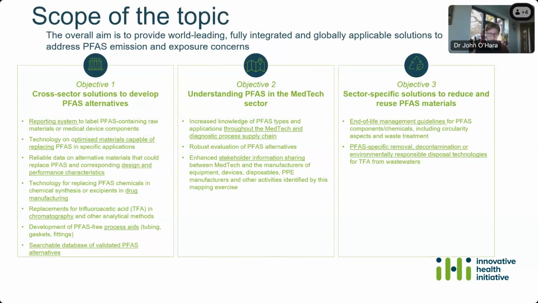So the scope of the topic, the real core here, is in three different pillars. Within each pillar, we will have sub-working groups made up of various contributors, different companies, requiring a broad range of skill sets. But they divide really into these three pillars. So the first pillar is to develop PFAS alternatives, really focusing on, we want to replace. And in order to do that, we need to detect, we need to understand the presence of these through our manufacturing processes and healthcare delivery processes and supply chain, medical devices.